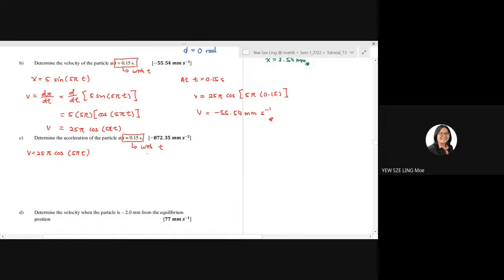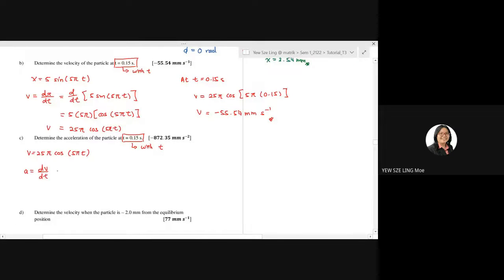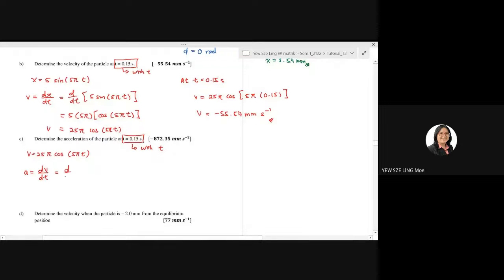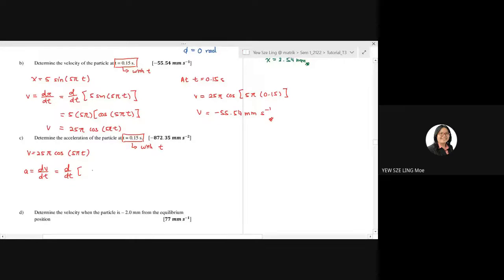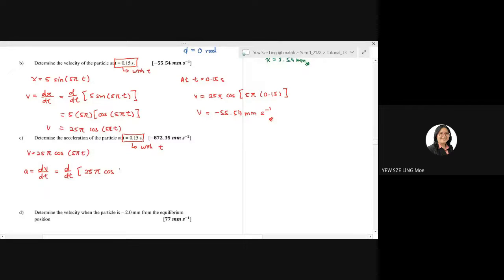So from here, we can form an equation for acceleration. So a equals dv over dt, according to the definition. So it equals d over dt of 25 pi cos 5 pi t. And then I'm going to differentiate it.